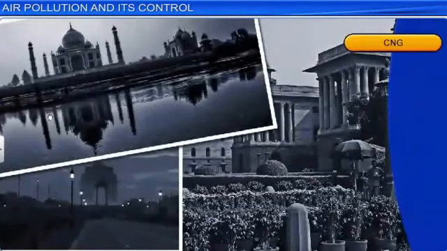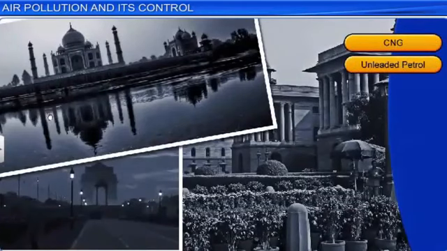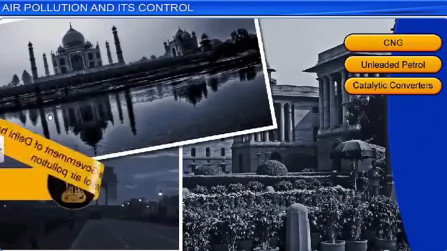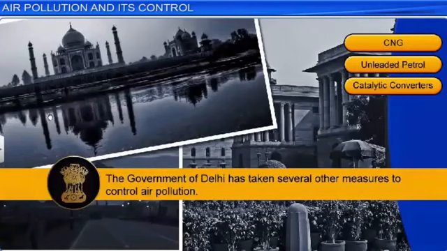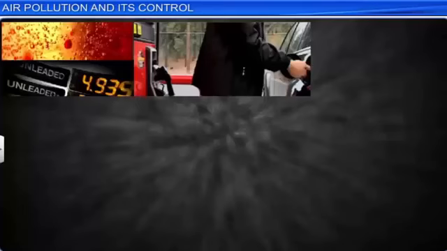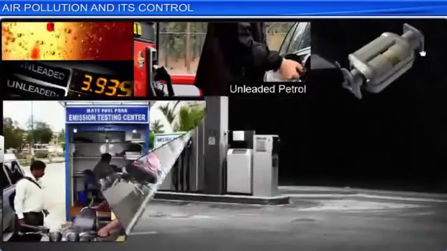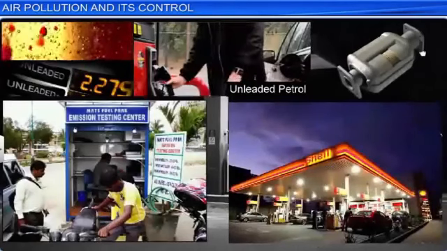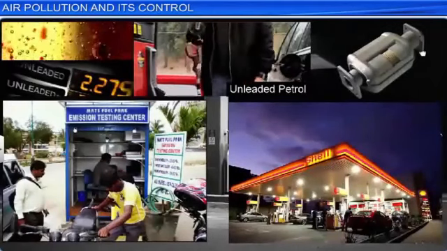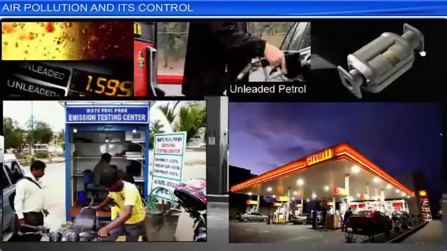Besides the use of CNG, unleaded petrol and catalytic converters, the government of Delhi has also taken several other measures to control air pollution. This includes the use of low-sulfur petrol and diesel and the implementation of stringent pollution level norms for vehicles.